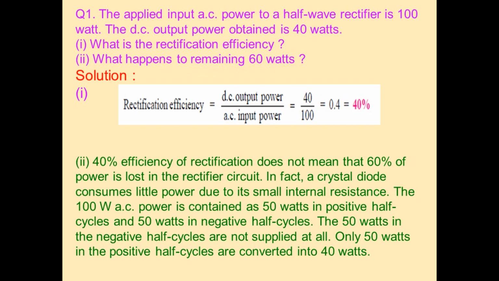40% efficiency of rectification does not mean that 60% of power is lost in the rectifier circuit, but the diode consumes a little power due to its small internal resistance.